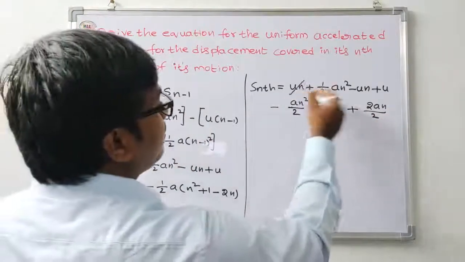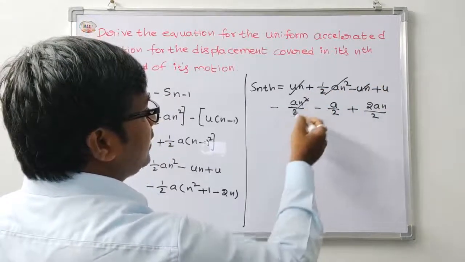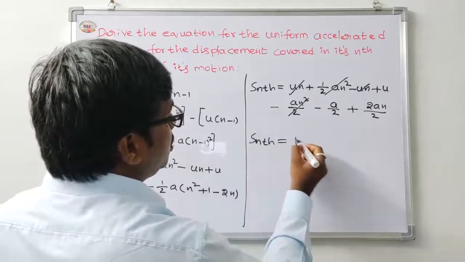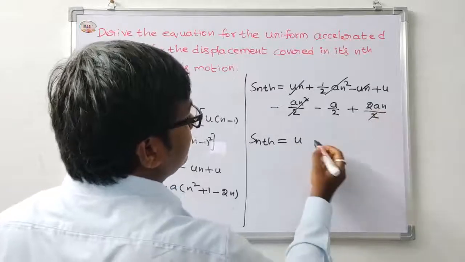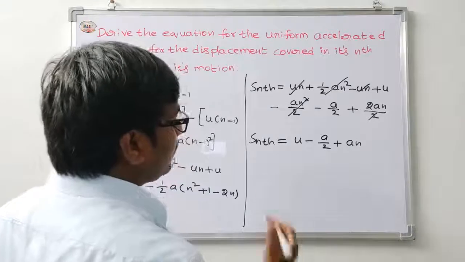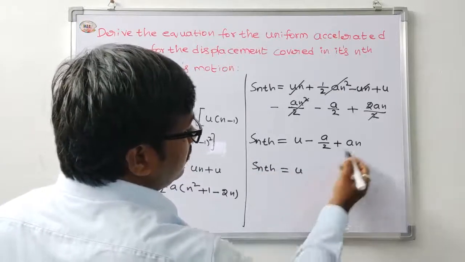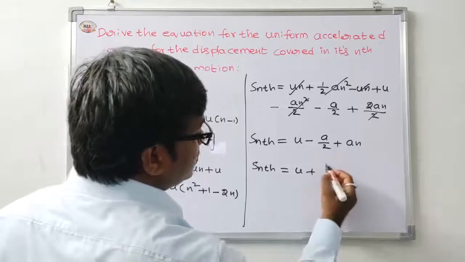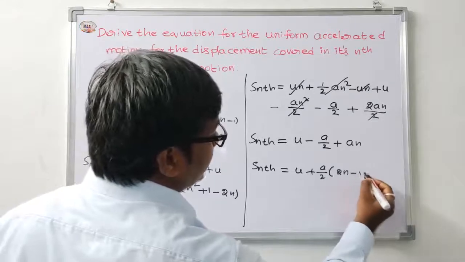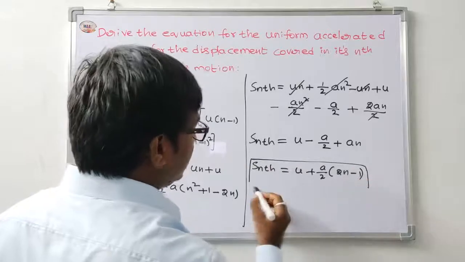Plus un minus un cancel, half an square plus half an square minus half an square cancel, so remaining, students, Sn is equal to u, the 2 cancels, u minus a by 2 plus an. So Sn is equal to u plus a by 2 common, into 2n minus 1. This is the final conclusion.